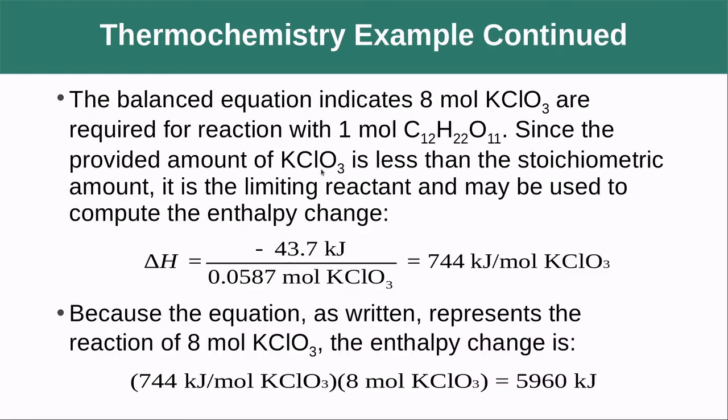So that's all of our heat right here. And we're going to divide that by the number of moles of potassium chlorate. And we'll see that for every mole that is reacted, we got 744 kilojoules of heat released.